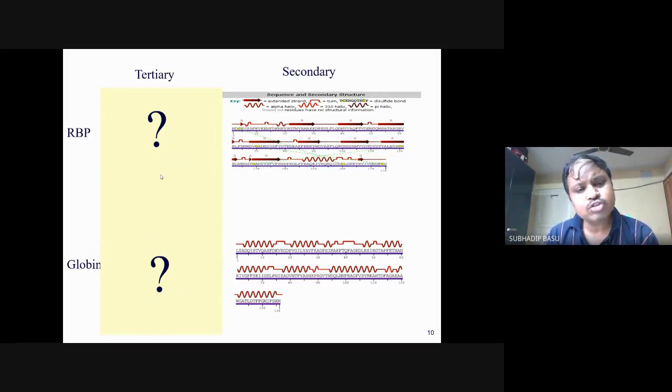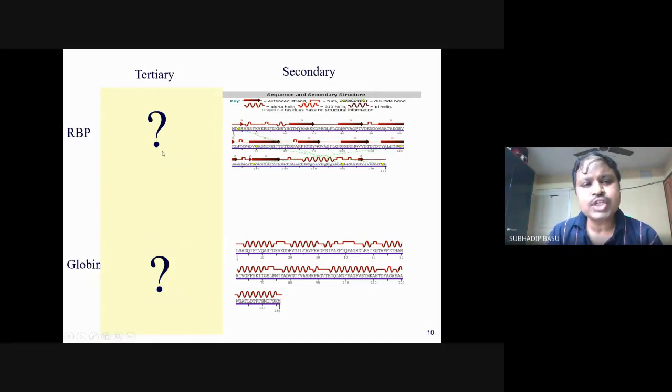So this gives a huge problem. It is computationally very expensive, as well as biologically extremely challenging, to validate or extract the tertiary structure of a protein. So what is the way out?